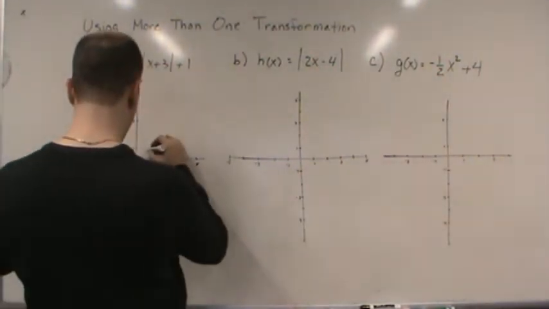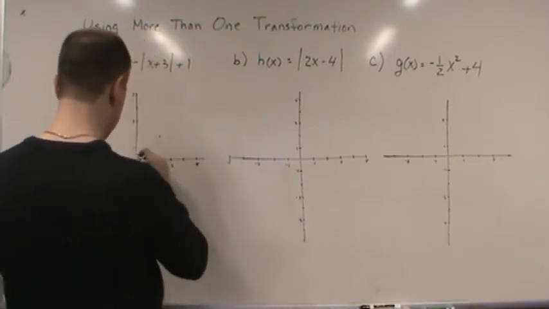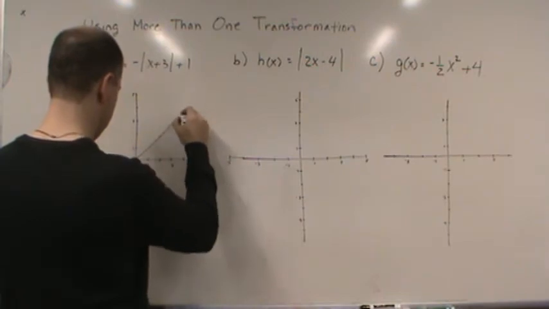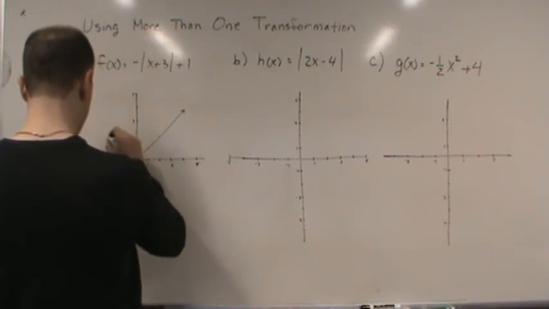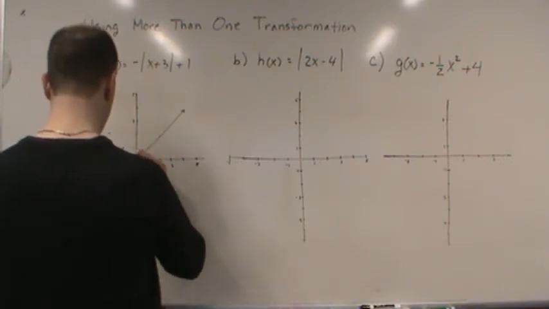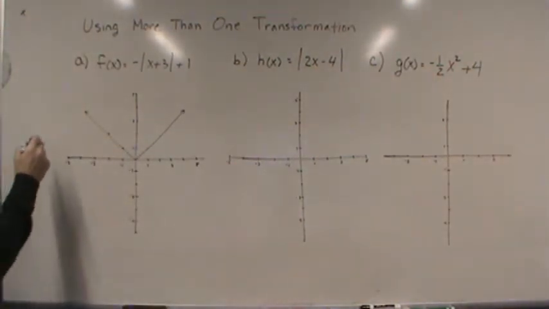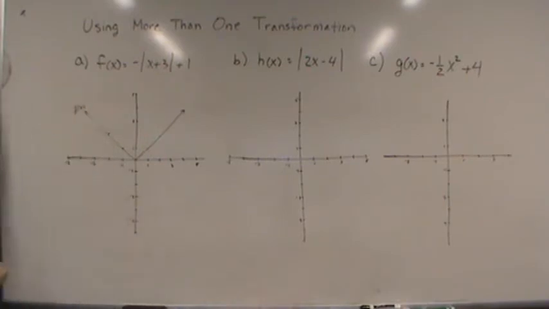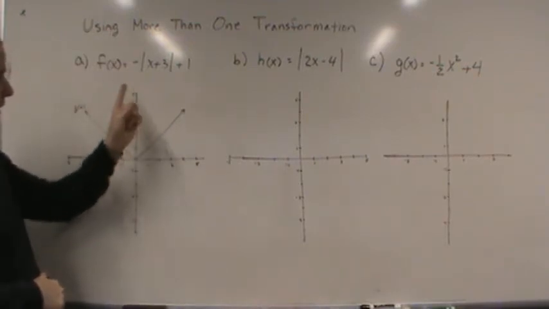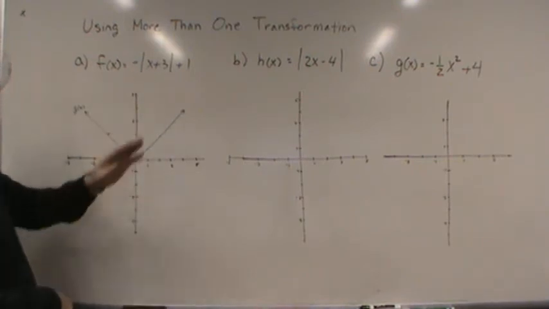So let's do this. Alright, so there's our basic function. Let's call it g of x. Now I want to use the transformations that are being used here to get to this graph.